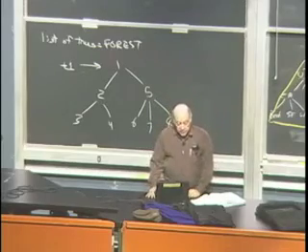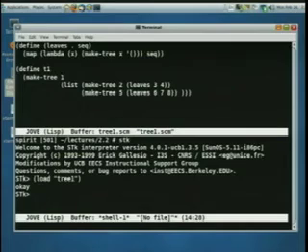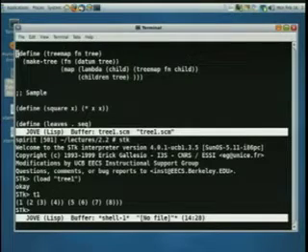So this is the list, the tree T1. If I actually print it out in Scheme, it looks like that. But you're not supposed to worry about what it looks like. What you're supposed to worry about is probably the most beautiful piece of code you're ever going to see in your life, which is tree map.